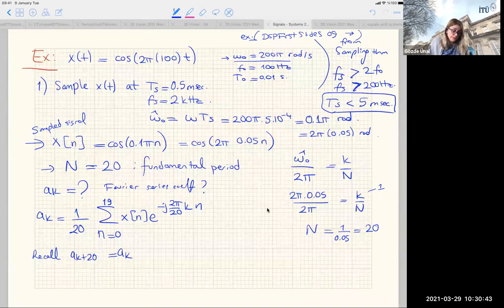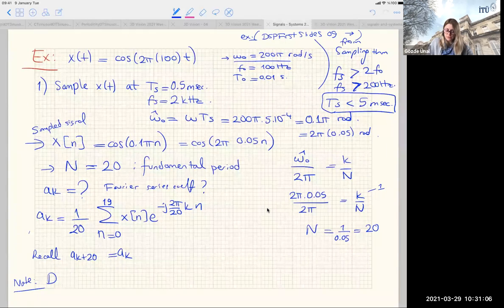Now let's continue. Normally you would have to go through this, but here this is a cosine. When I have a signal written in terms of a summation of cosines and sines, it's not wise to use the Fourier series analysis formula.